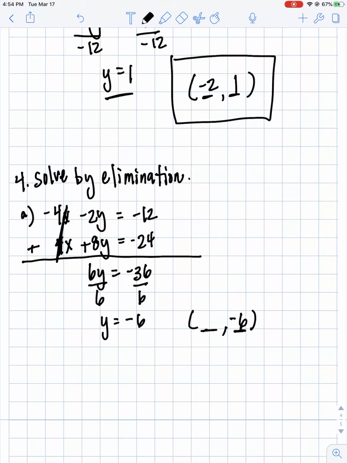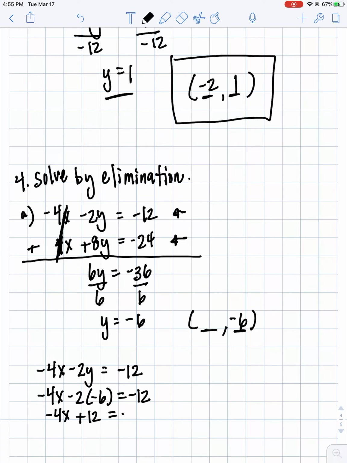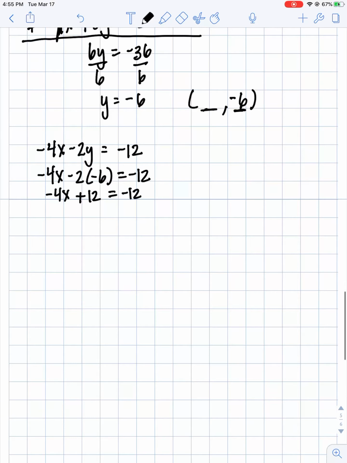So again, we know y. Y is negative 6, but we're missing our x. So you get to pick. You can plug into the top equation or you can plug into the bottom equation. But if you haven't learned by now, you have to plug in your first variable to find your second variable. So if I look at that first equation, negative 4x minus 2y equals negative 12, and y is negative 6: negative 4x plus 12 equals negative 12.